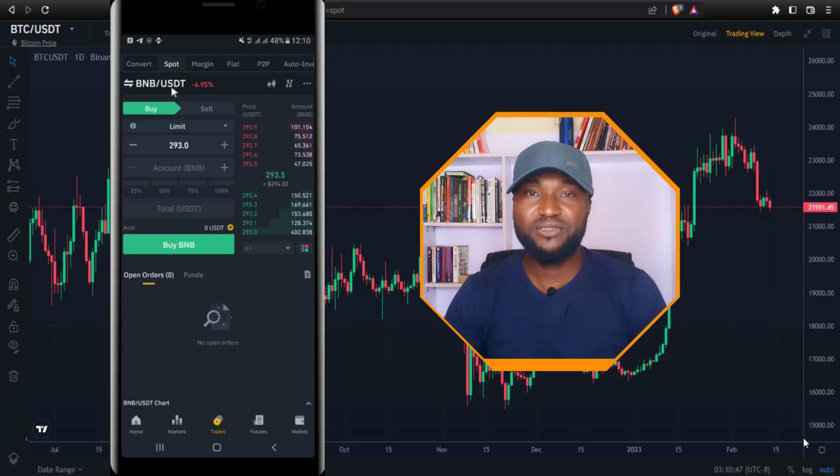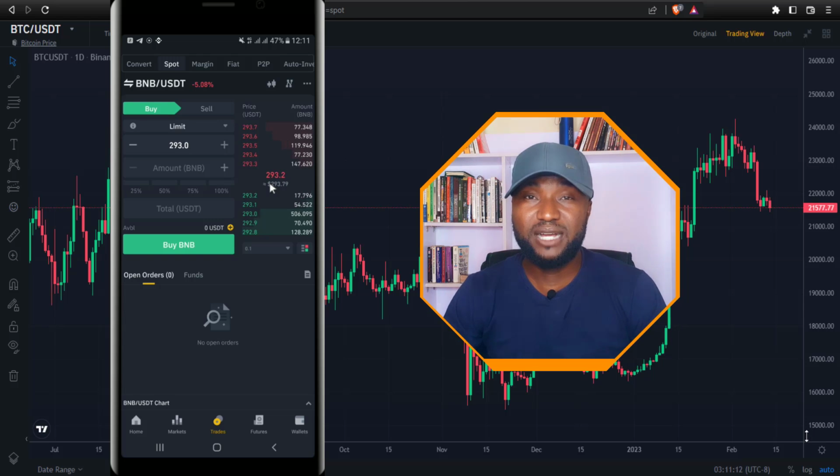Likewise, if I have BNB in possession, assuming I bought BNB when it was around $50 and now it has increased in price, it is almost $293, and I want to have it back in a stable coin. I don't want it to fluctuate, because this price actually fluctuates. As you see, it can go up in value and then it can fall in value.